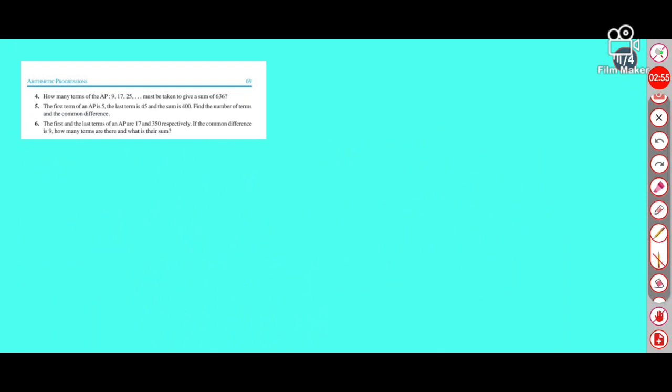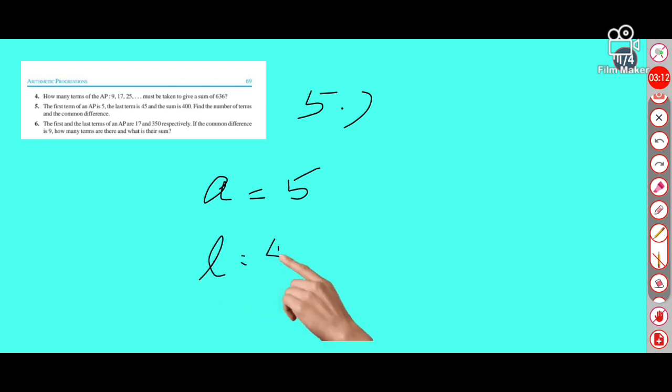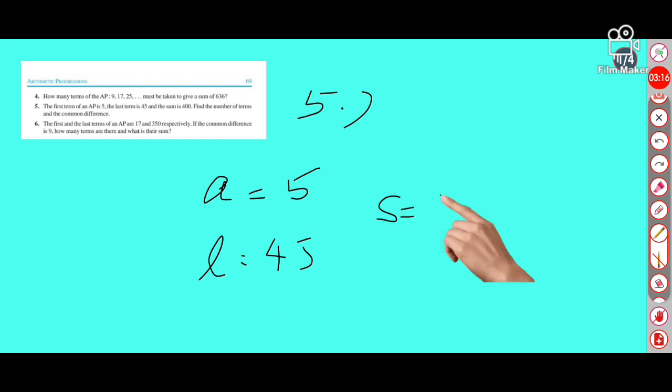Now the fifth question, the first term of an AP. So the A value is given, that is 5. The last term L is 45 and the sum S is 400.